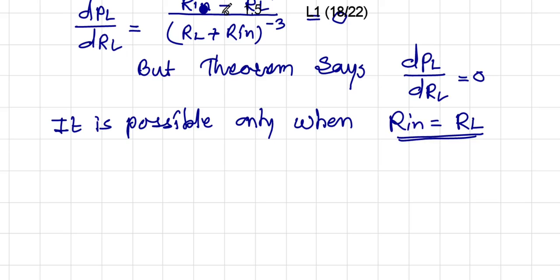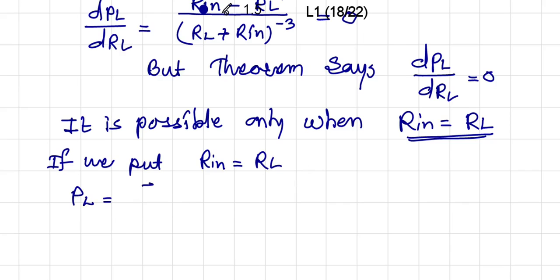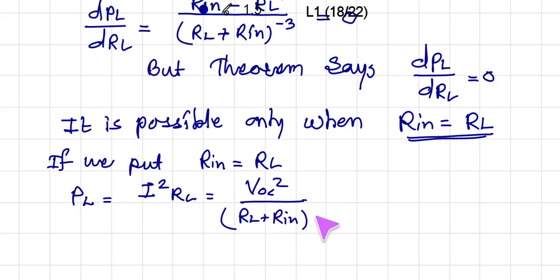So here, if we put Rin exactly equal to RL, we get PL is equal to I square RL is equal to VOC square divided by (RL plus Rin) bracket square into RL.